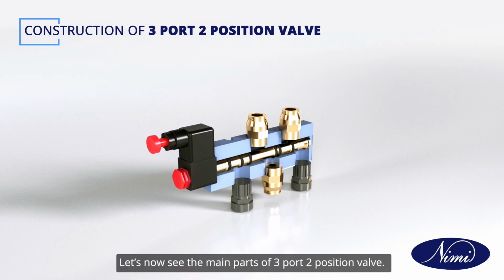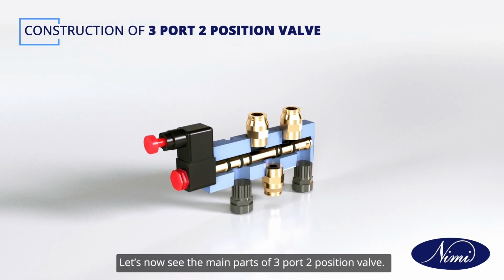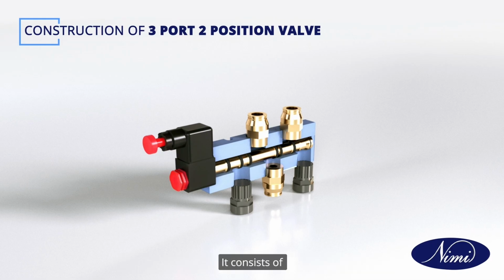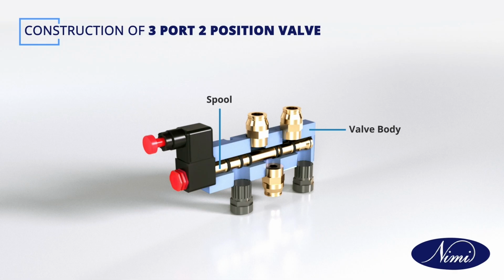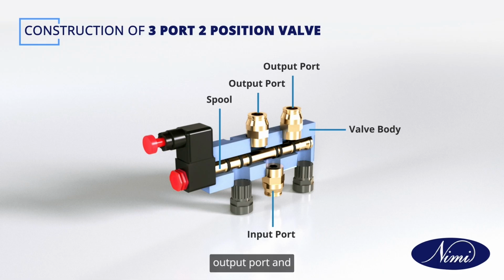Let's now see the main parts of the 5-port 2-position valve. It consists of a valve body, spool, input port, output port and exhaust port.